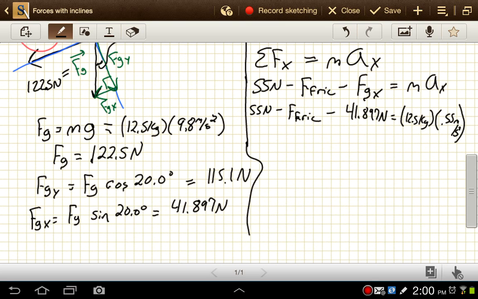Okay, so now I've got frictional force as the only variable in this equation, so we can rearrange to solve for it. Let's combine those two constants, so 55 minus the 41.897 gives us 13.10, minus the force of friction is equal to the 12.5 times the 0.55, which gives us 6.875 newtons.